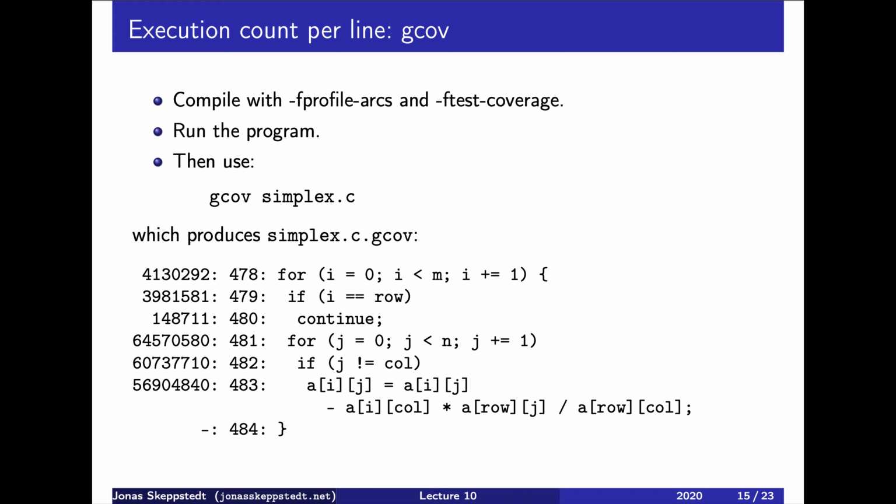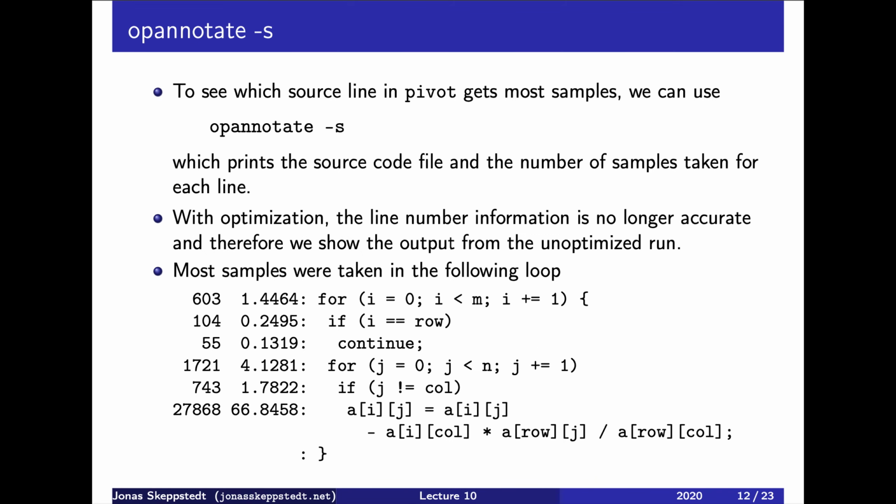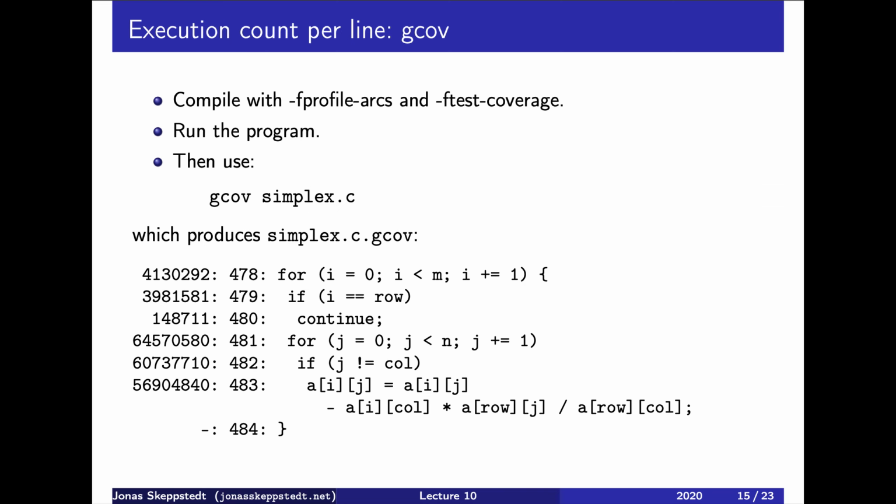If we instead want to know how many times each line has been executed, then operf and gprof are not sufficient. The reason is that to count the number of times we are in each line, the compiler must produce code to count that. Okay, and we do that with GCC like this, as extra flags, and then we use gcov and simplex.